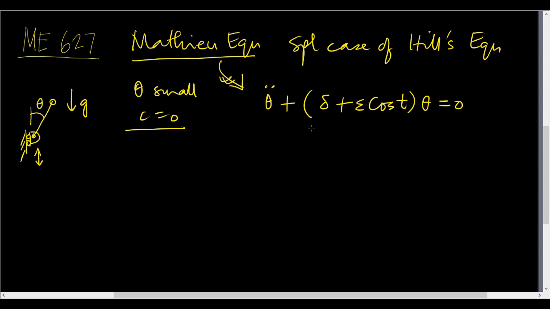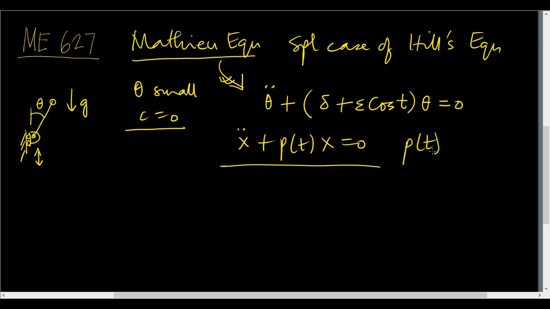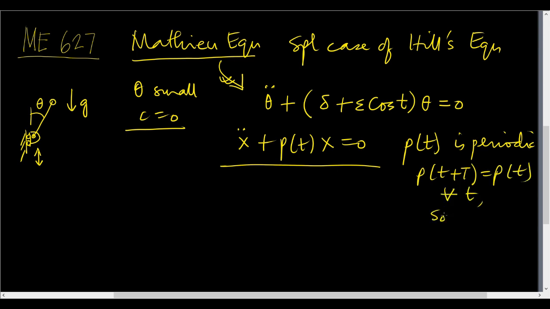It is a special case of Hill's equation, where Hill's equation is x double dot plus p of t times x equals 0. There is no damping. P of t is periodic, which means P of t plus capital T is equal to P of t for all t and some capital T greater than 0.